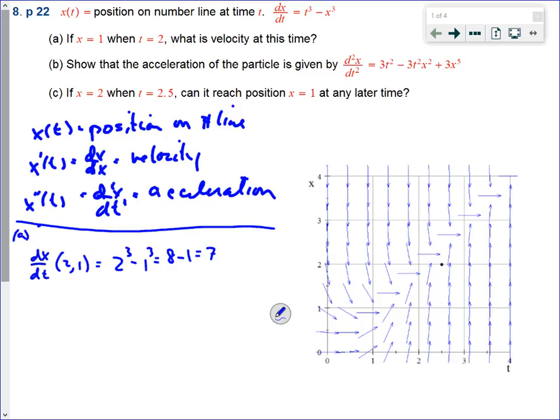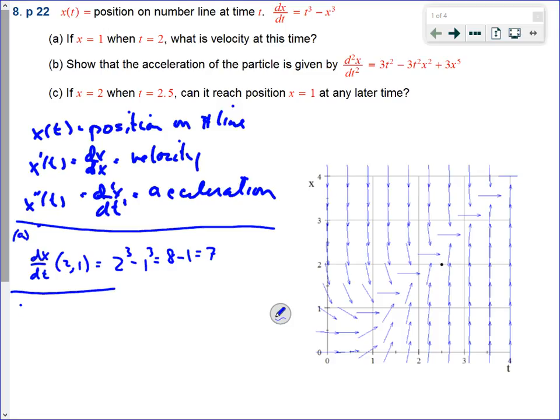So remember, we're talking about a number line here, so if velocity is positive, we're moving to the right. I've got a graph on the right side, which is the vector field, and in this case, x is kind of up more than positive, but a number line would be thinking about moving to the right. So that's the velocity.